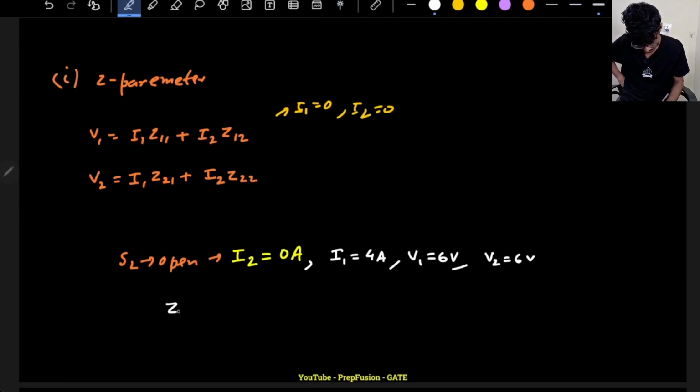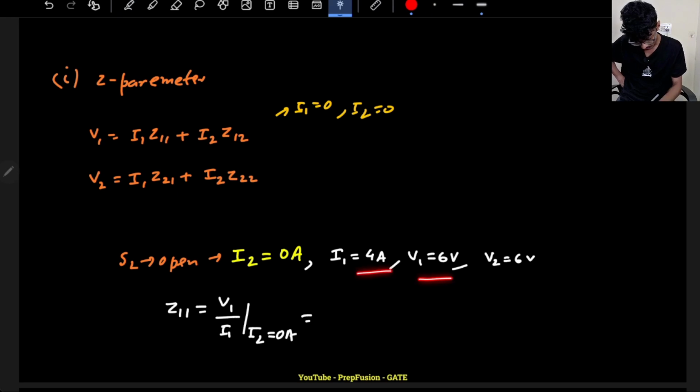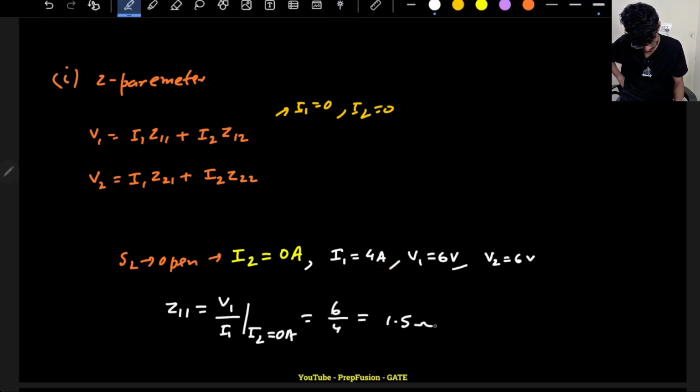So now if I find Z11, Z11 is what? V1 by I1 when I2 is 0. So it will be equal to V1 by I1, that is 6 by 4. So it will be 1.5 ohms. And Z21 will be V2 by I1 when my I2 equals 0.